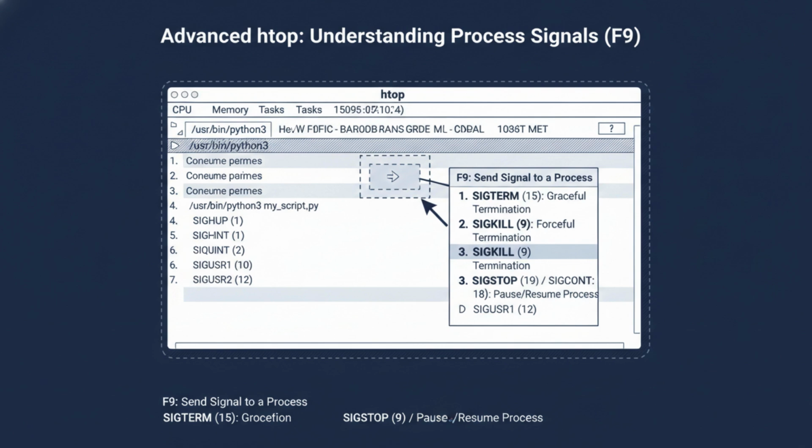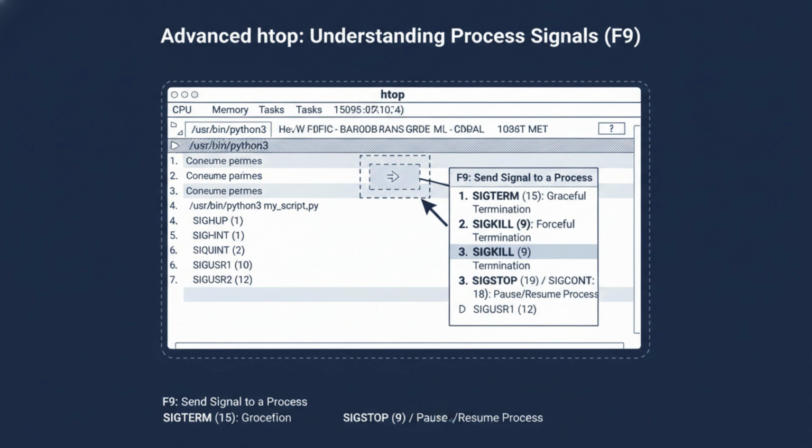When a process isn't behaving, knowing how to send signals is critical. htop simplifies this by offering an intuitive signal-sending interface. By selecting a process and pressing F9, you bring up the Send Signal menu. This menu lists various signals you can send, each with a specific purpose. For instance, SIGTERM (15) is a graceful termination request, allowing the process to clean up before exiting.